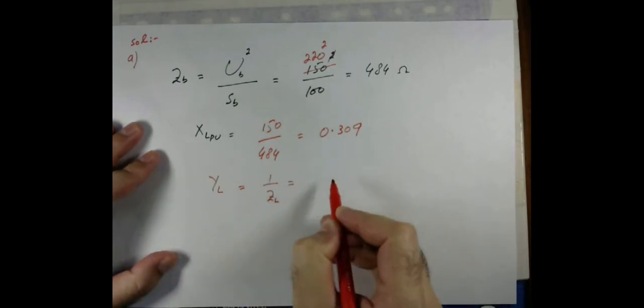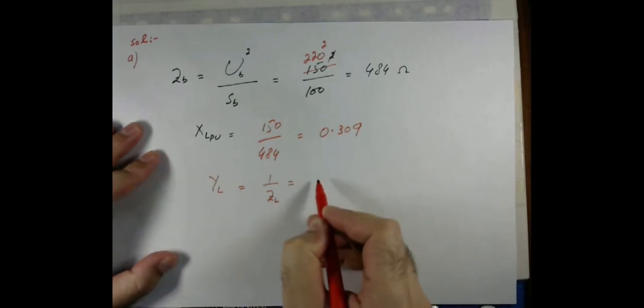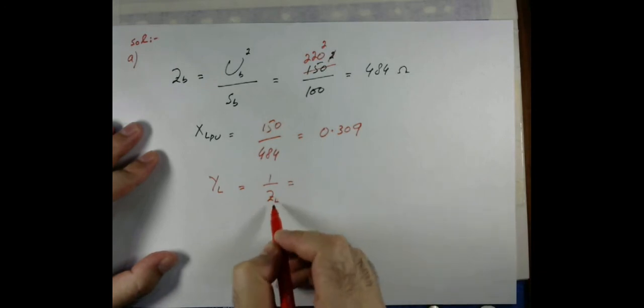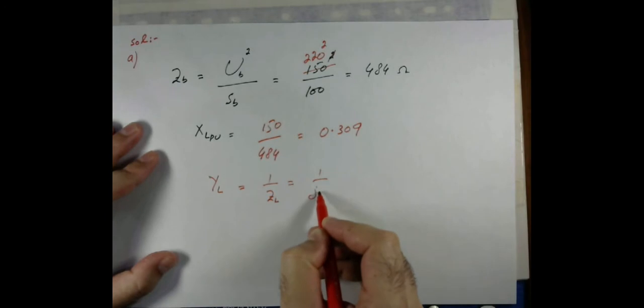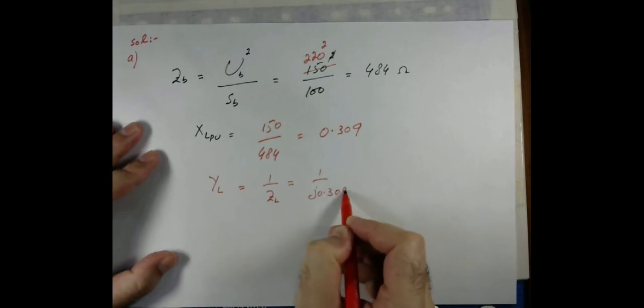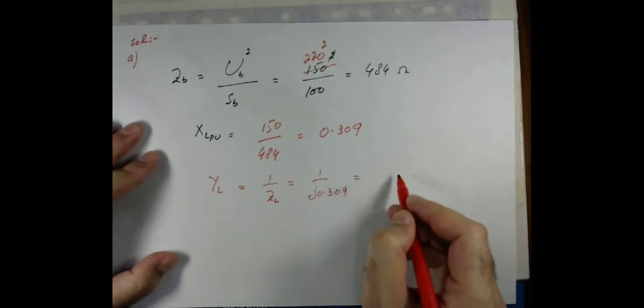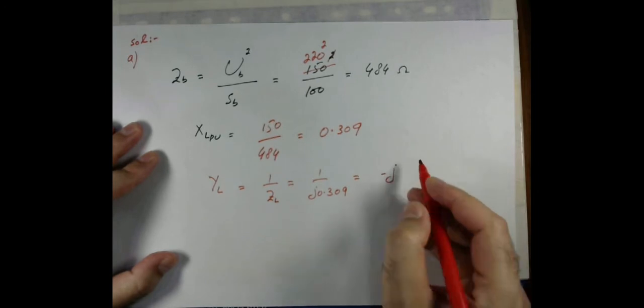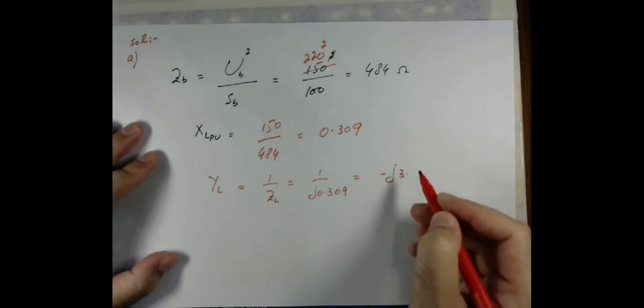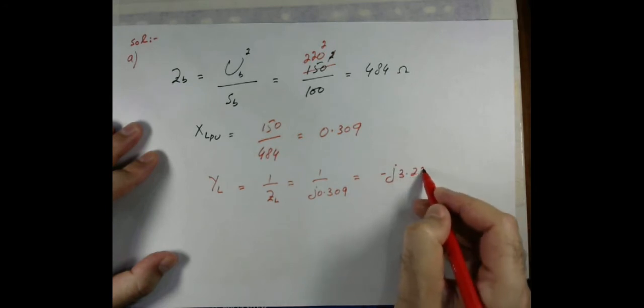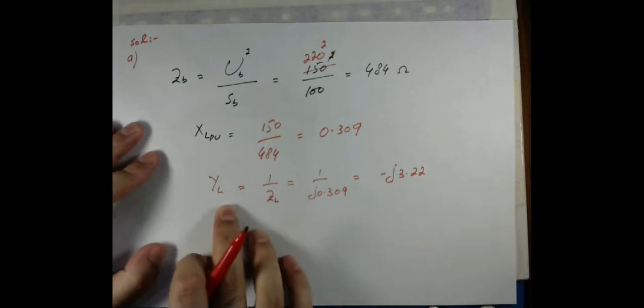Taking the inverse, it will be equal to 1 over J 0.309, so that will become minus J 3.22. So that will be the admittance of the transmission line.